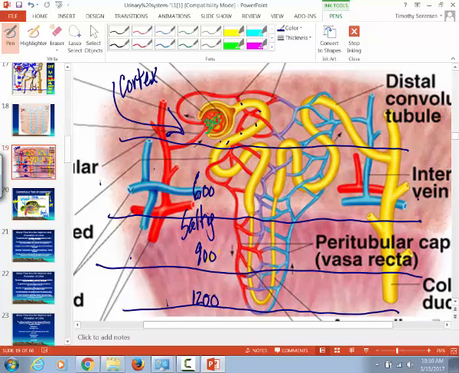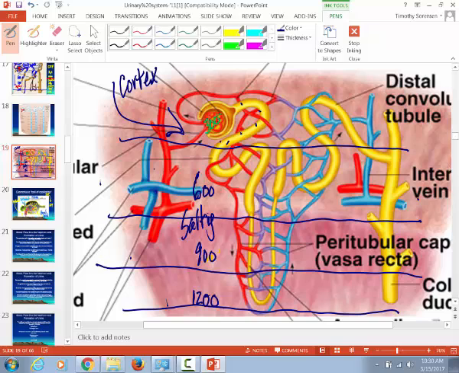So as that filtrate moves down deeper into the medulla of the kidney, it sees an environment that has a higher and higher osmolarity. More stuff, less water. Tell me you got that.